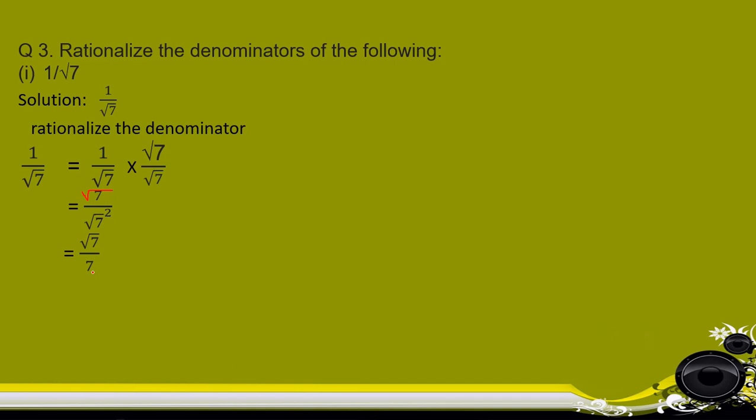So let's consider the third question, 1 upon root 7 minus root 6. Here the quantity in the denominator is root 7 minus root 6, so both numbers, root 7 and root 6, are in the square root sign.